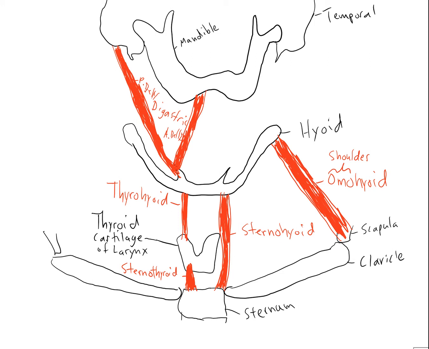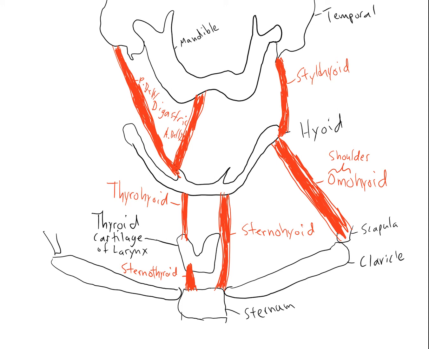This muscle will come down here from the temporal bone. And so this is the styloid process of the temporal bone. And so this muscle is stylohyoid. Stylohyoid comes from the styloid process of the temporal bone and inserts onto the hyoid bone.